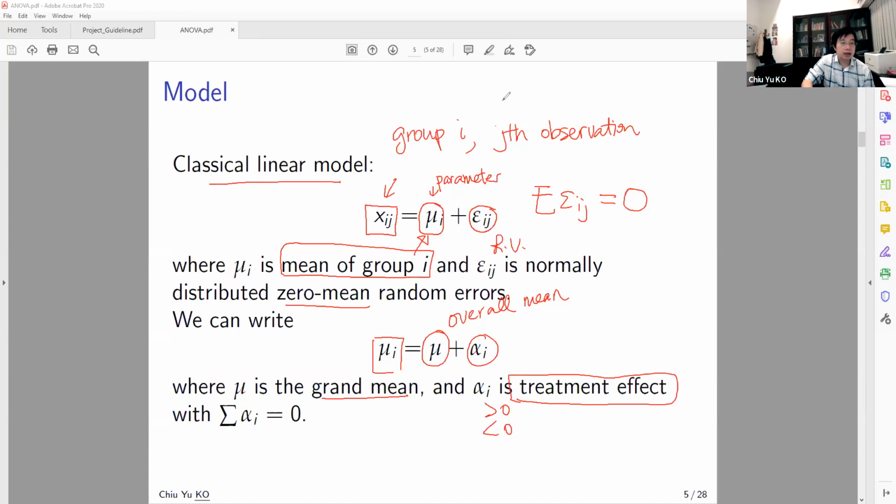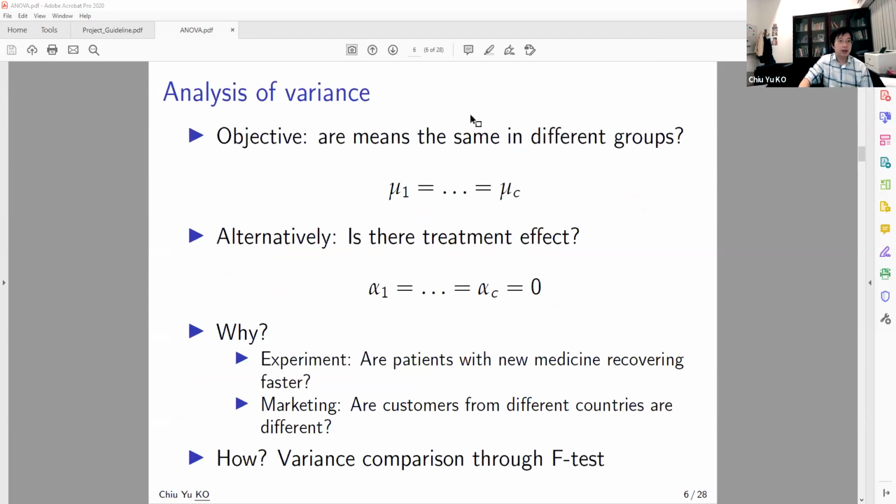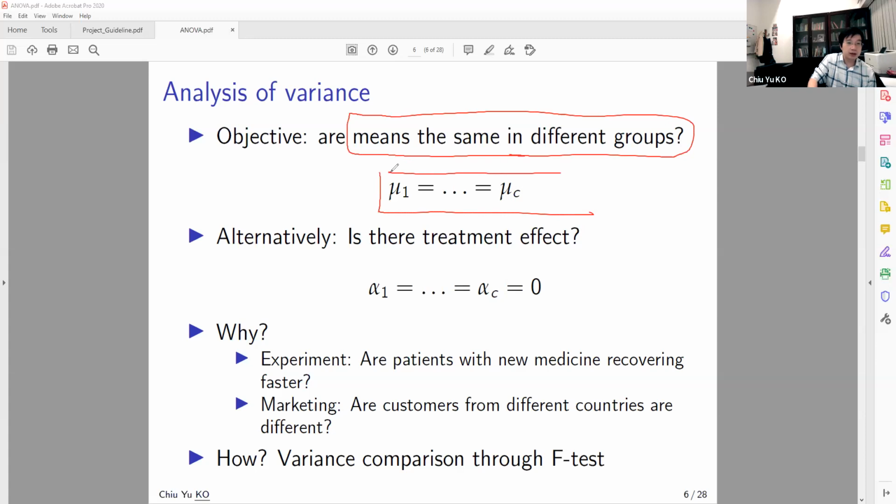Let's see the next slide, and you will see what hypothesis we're looking at. So that will not come as a surprise. It's asking whether the grouping makes sense, whether there's a difference in group. It means that the mean of group 1 should be the same as group 2, going up to group C, and the same as the grand overall mean.